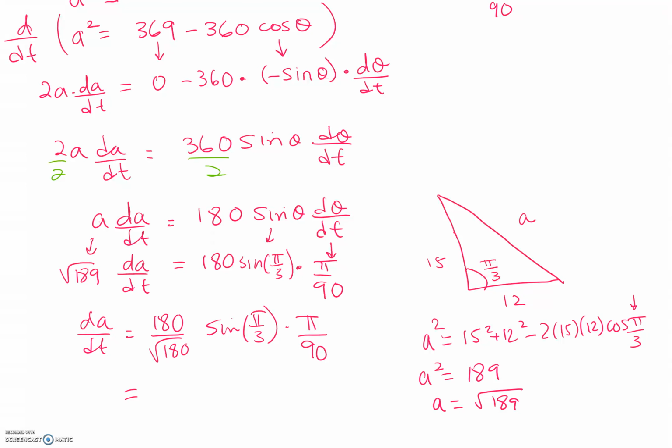Once we punch all of that in, we get dA dt approximately 0.40 meters per minute. So the side across that angle is changing at a rate of about 0.4 meters per minute at the instant when the angle between them is pi over 3 or 60 degrees.